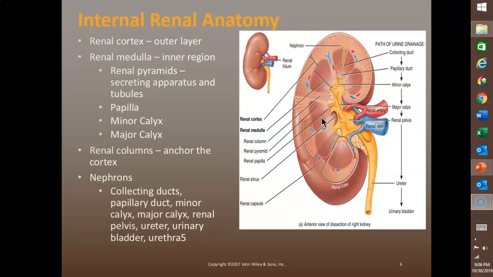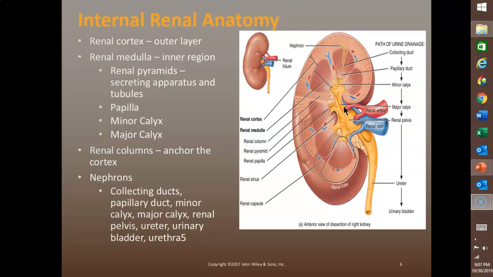That's plural for calyx. So each pyramid comes to a point called the papillae. The papillae sits in a minor calyx. Your minor calyces merge to form a major calyx. So here in this image you can see there's a minor calyx, a minor calyx, and a minor calyx, all merging to form a major calyx.